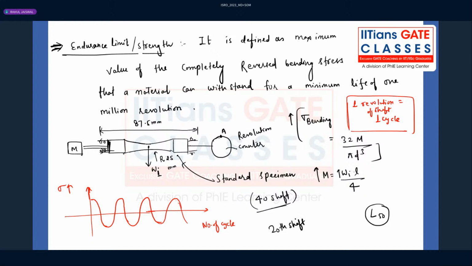One shaft fails, second shaft fails. Till then we wait, and we continue to wait till the 20th shaft fails. The moment the 20th shaft fails, we note down the number of revolutions made by the shafts.